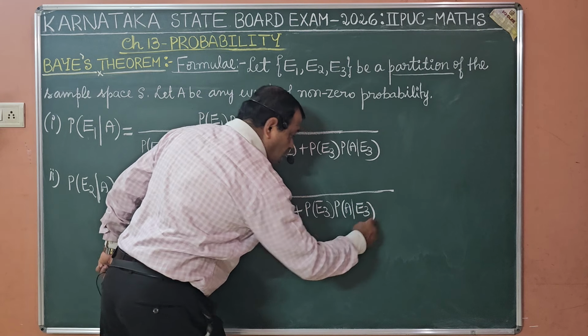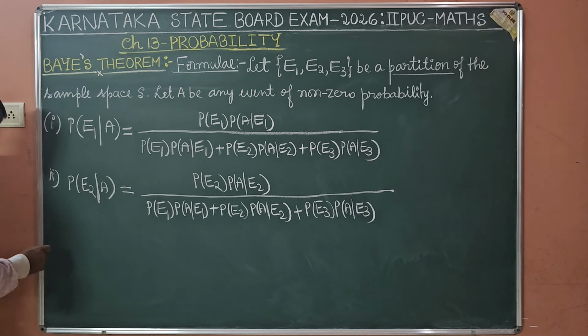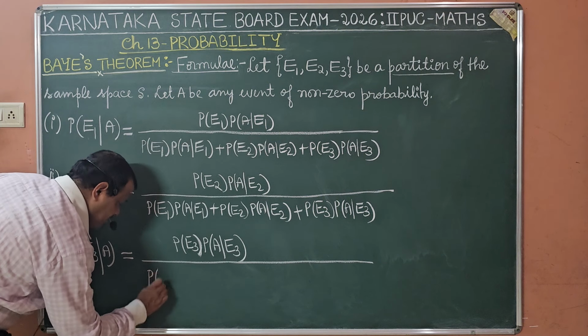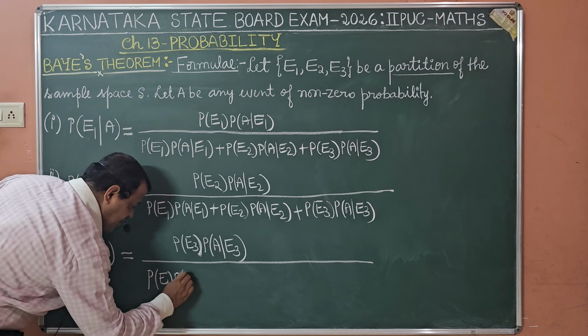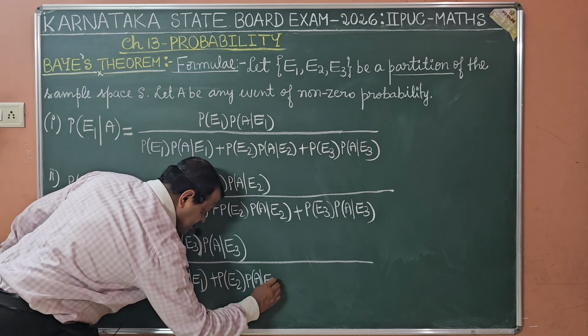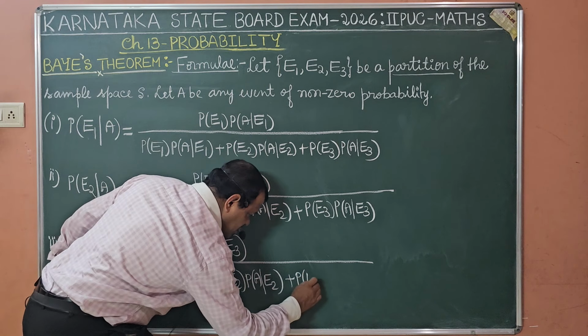One more reverse probability is possible, P of E3 given A. The numerator changes to P of E3 into P of A given E3, and the denominator is once again the same.